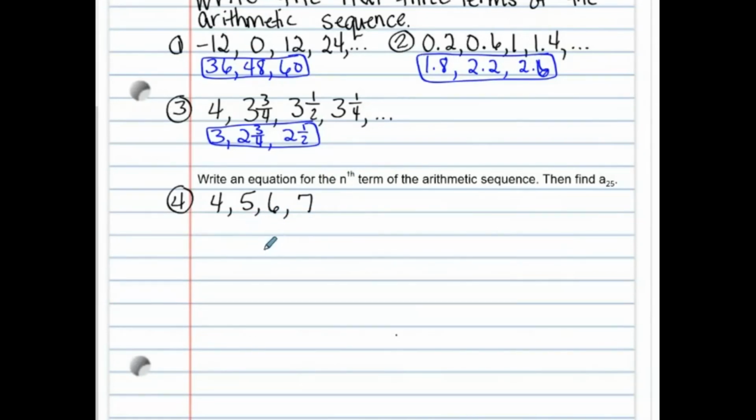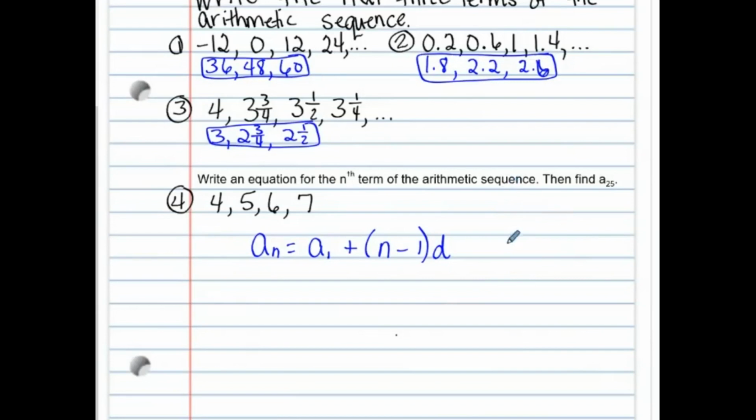So the equation for an arithmetic sequence is as follows. It's a sub n equals a sub 1, that means the number in the first position, plus, open parentheses, n minus 1, close parentheses, times d. Okay.